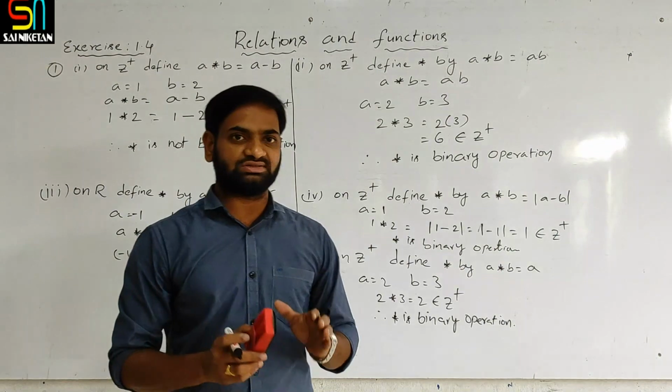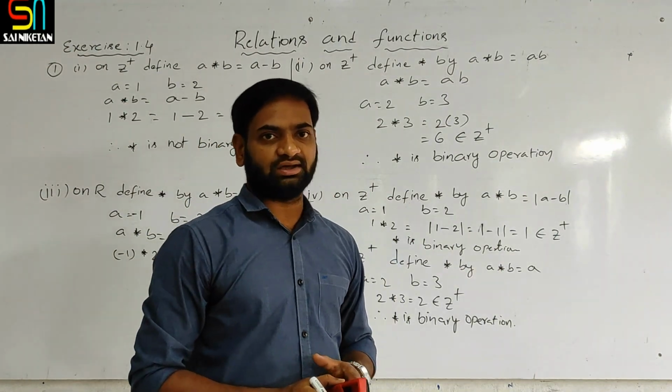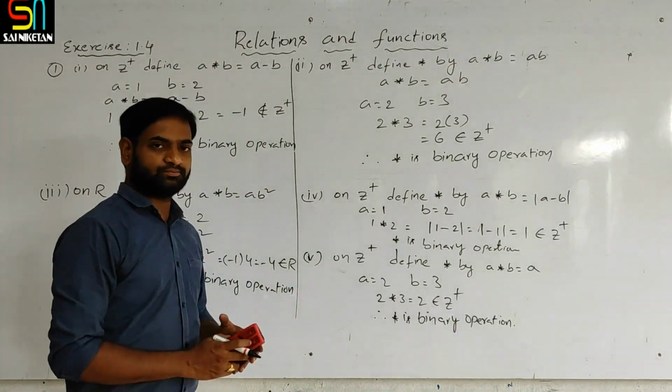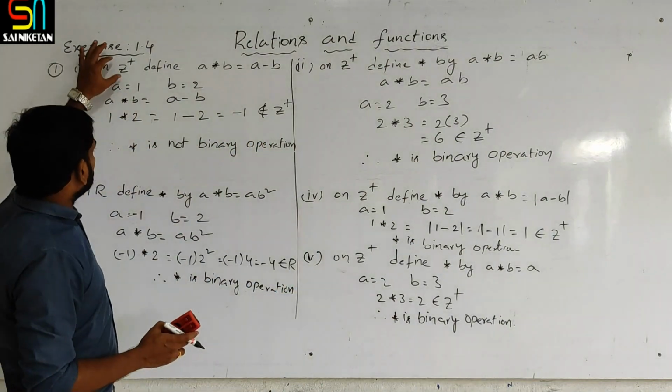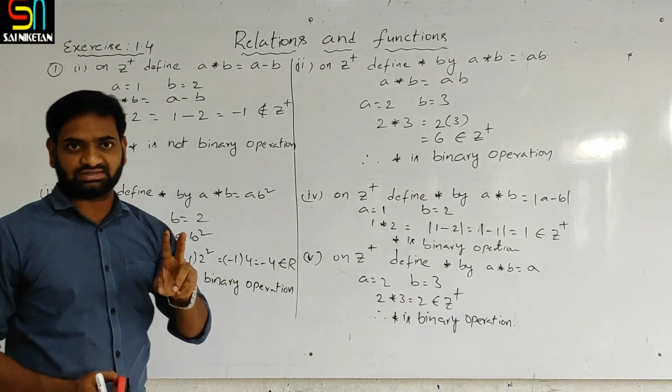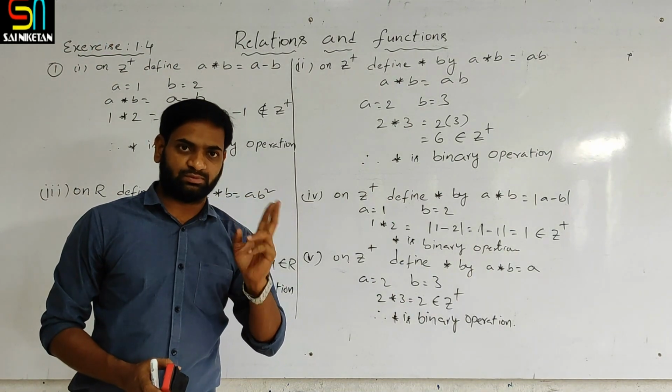So this is the process to check whether it is binary operation or not. How to check? Suppose the given set is Z plus, we have to take 2 elements from Z plus.